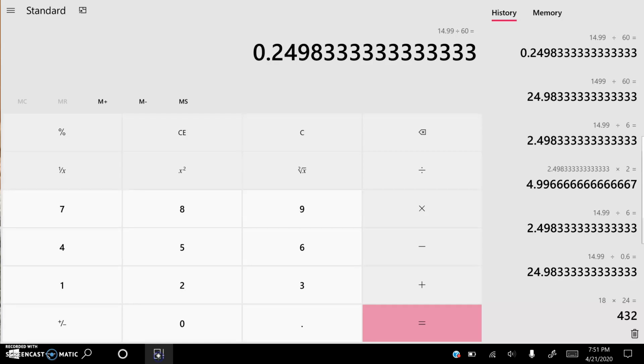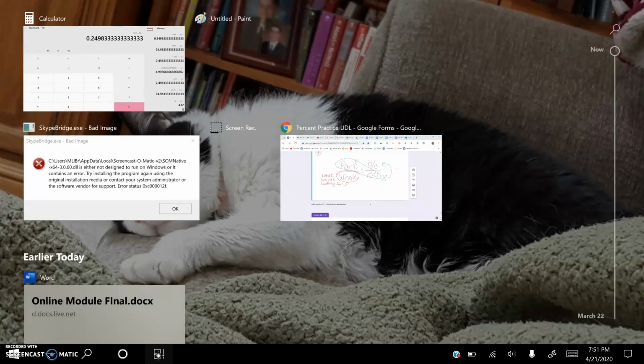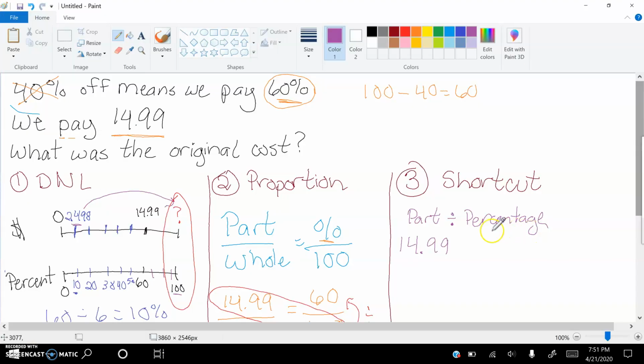Not quite. So what we have to do is write this percentage as a decimal. So 60% really means 60 out of 100. That's what it actually means. 60% is 60 out of 100. So if we do 60 divided by 100, that gives us 0.6.